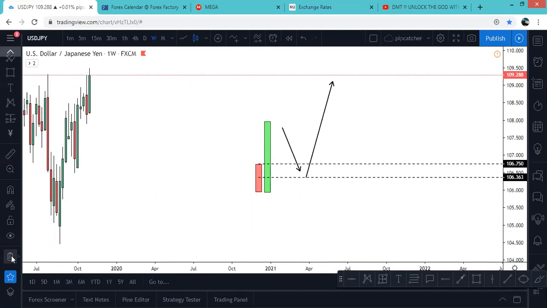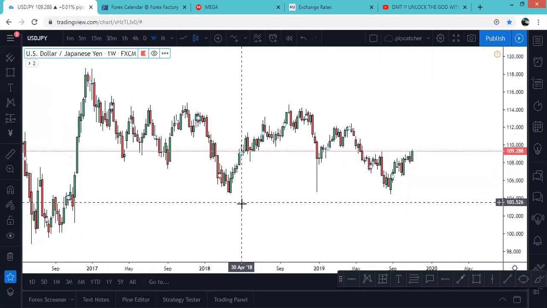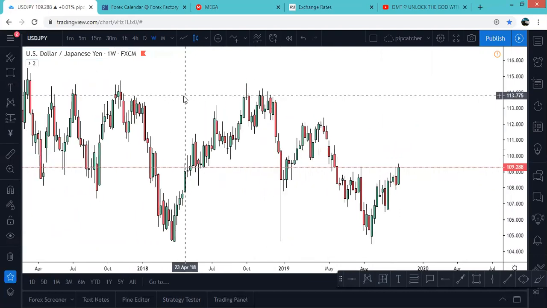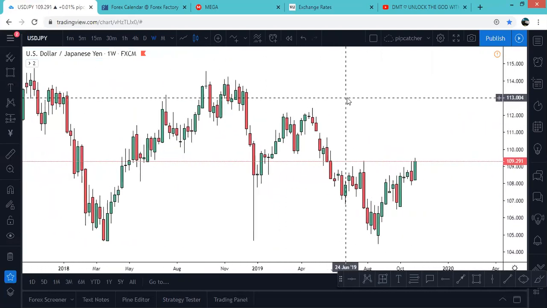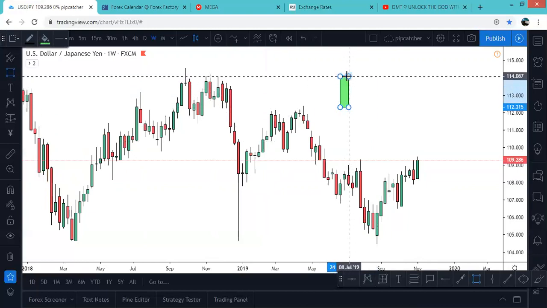So let's do just a couple examples real quick. I'm on USD JPY. Here's a good example right here, actually. So just very plain and simple, right in your face. Really, we have something like this, right?